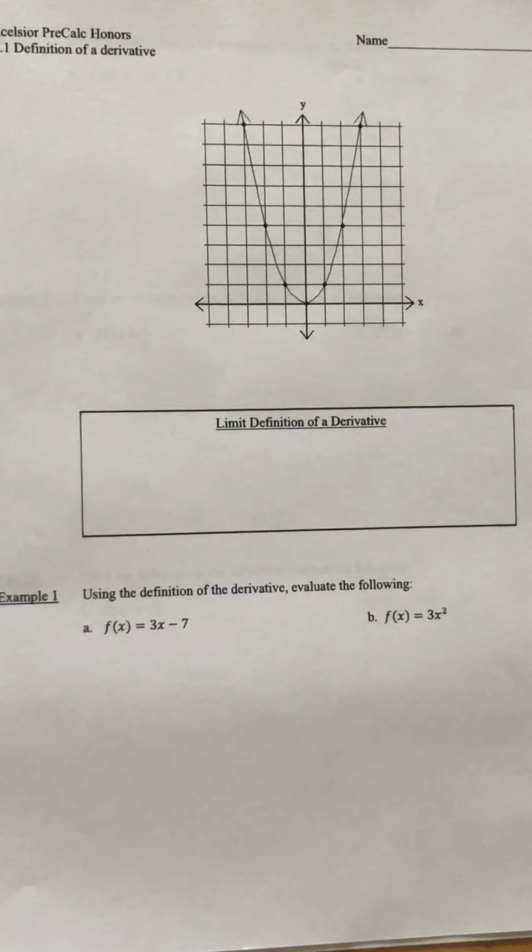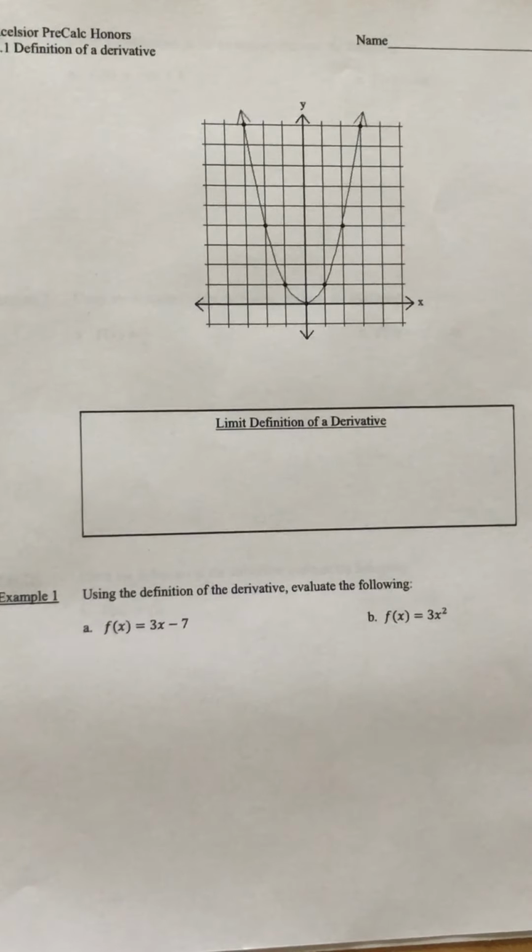All right, next one, just like on the first page. So I'm going to sub in x plus h squared minus the original 2x squared all over h. All right, so let's see what happens here. So remember, I get 2 parentheses x squared plus 2hx plus h squared minus 2x squared.